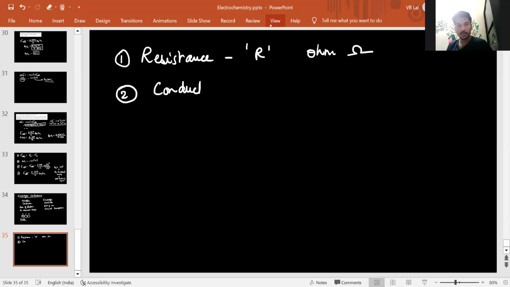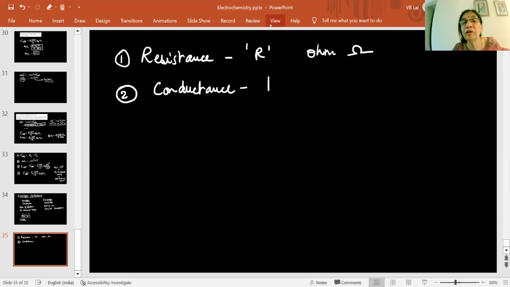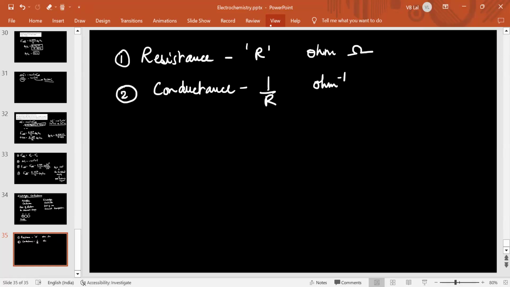Conductance. So conductance is 1 by R, and the unit of conductance will be ohm inverse. Then the third one is specific resistance.